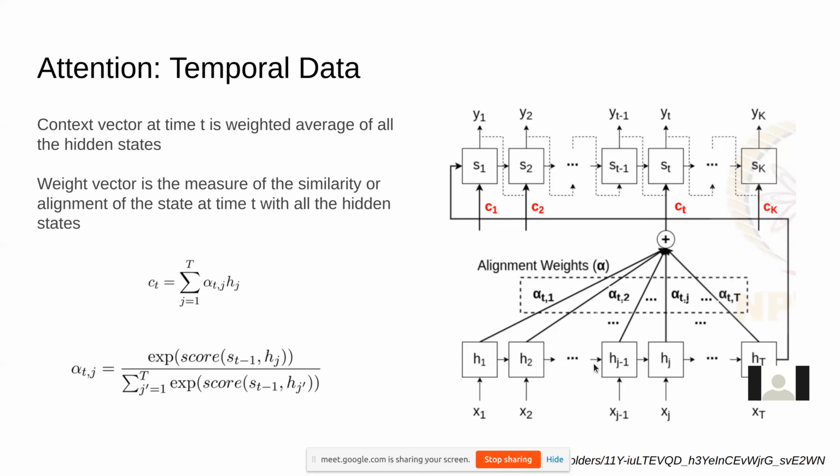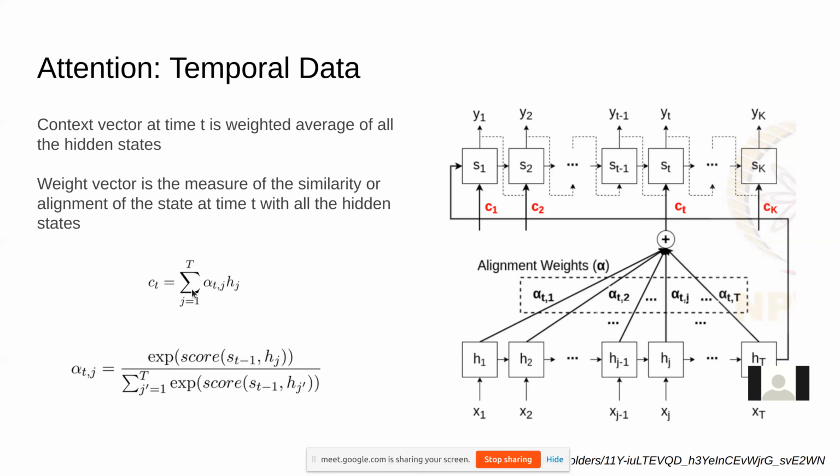Now if the input is too large, then ct will be storing all the information about all these words equally. But what we can do is make ct pay attention, giving more weightage to certain aspects of the input, and that can be done based on how important that input is for the current state.